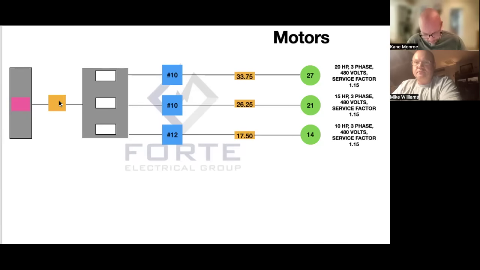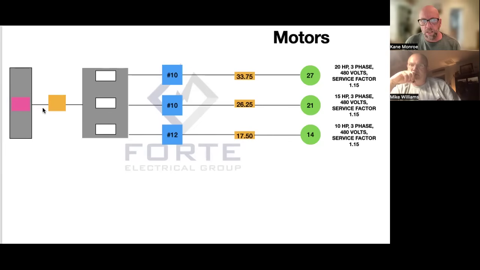Step number 5. I don't know what happened to my slide, but I don't have a slide for 5 or 6, but it's easy. We are looking for the wire size, the conductor size between the disconnect and the MCC. The main disconnect is feeding the MCC, the motor control center.